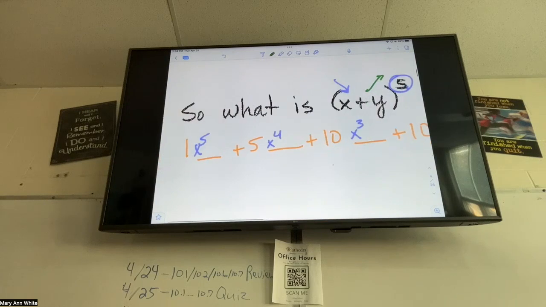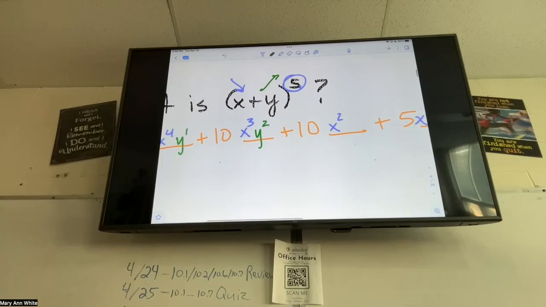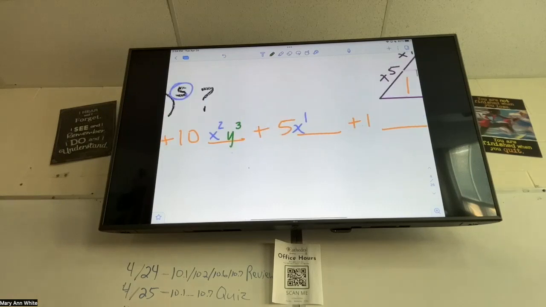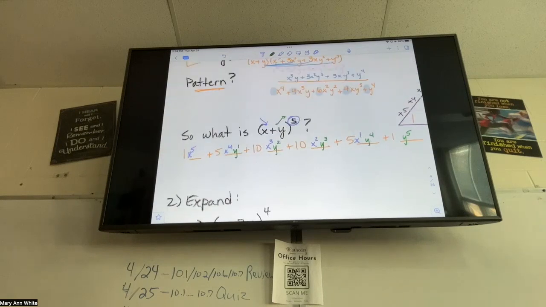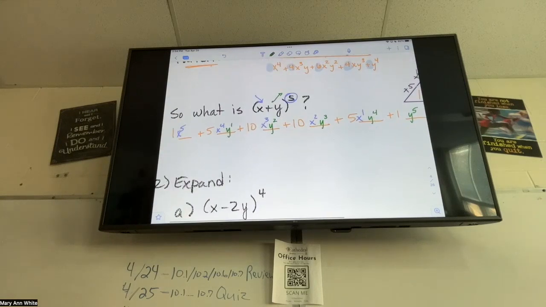Technically, we're starting with y to the 0. Just like I explained for x, I often don't put him there because I don't want to get confused. But the next one is just going to be a normal y, and then y squared, y to the third, y to the fourth, and then y to the fifth.